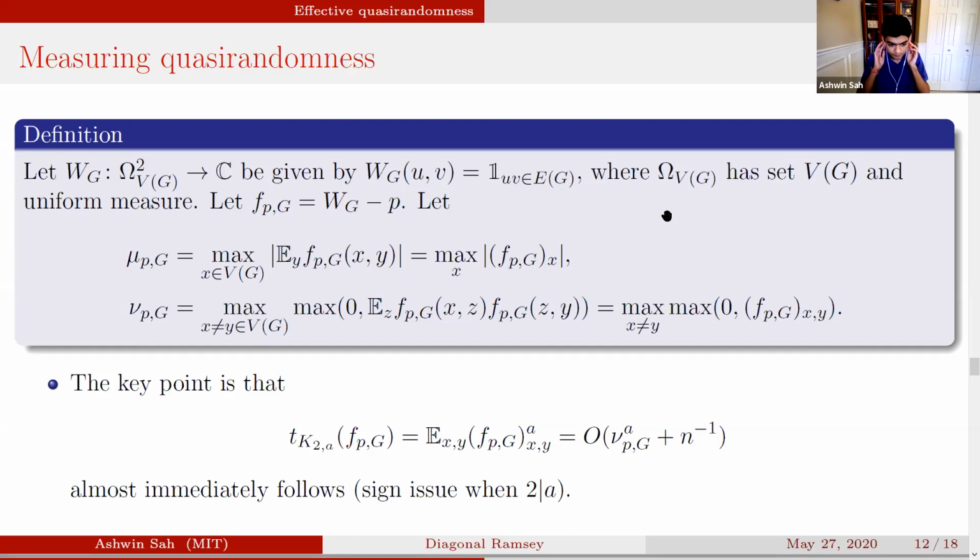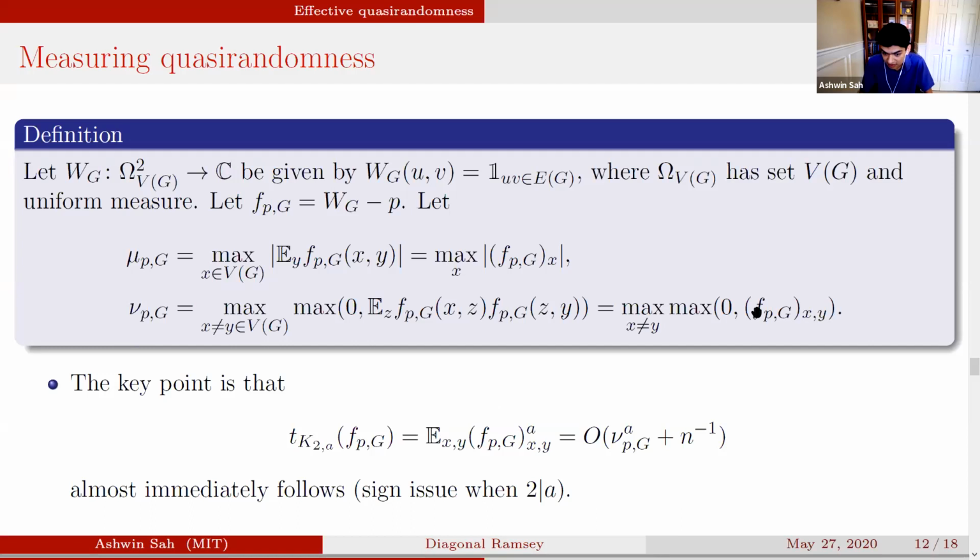And the key point with these measures of randomness is that they control the K_{2,a} density. So think of this as a fully connected bipartite graph between two vertices and a vertices. And you can write it like so. You can write it as sort of the a-th moment of these codegrees.